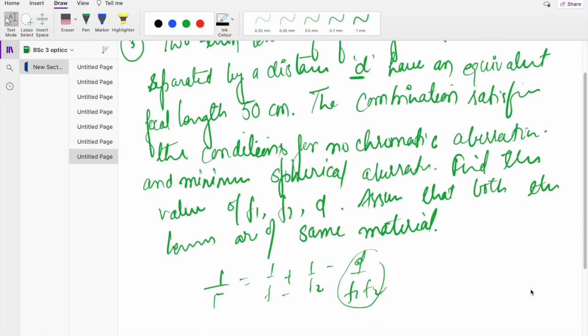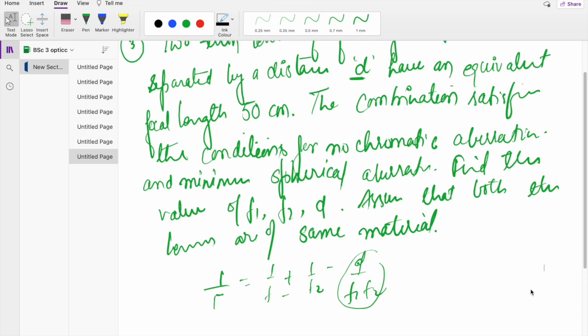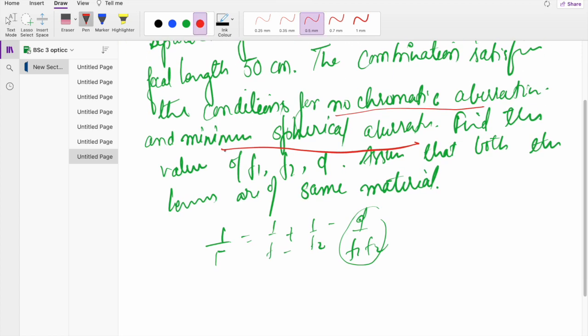The combination satisfies the condition for no chromatic aberration. There are two conditions: one is no chromatic aberration and another is minimum spherical aberration. We need to calculate f1, f2 and d, and both the lenses are of the same material.